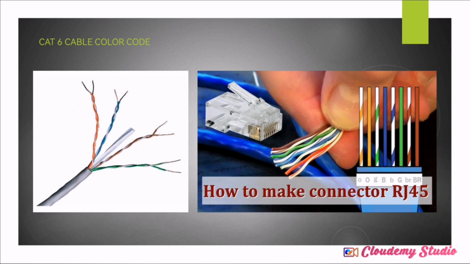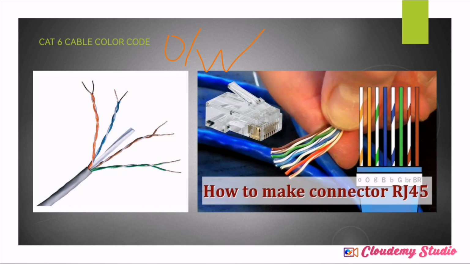So how does the color code move? First, start with, allow me to write so that you can understand. So they go like this. You have orange, white. That's how it moves. The common one, if you want to make this RJ45 connector to the network cable: orange, white, like this.